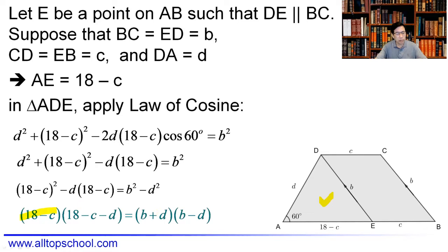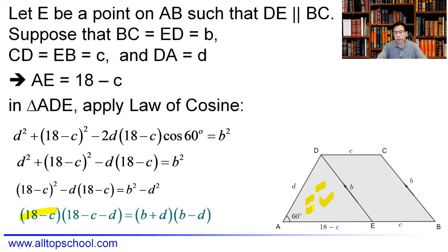This is the main equation we're going to use across the whole solution. It contains the variables B, C, and D. Once we know some of the variables, we know the others. So the very important step was finding the relation between B, C, D using the law of cosines in this triangle.